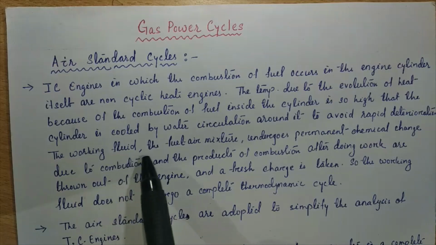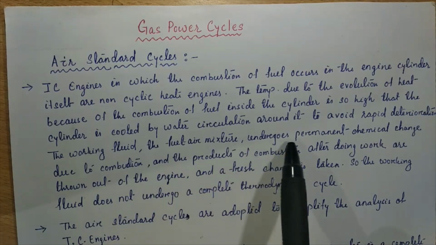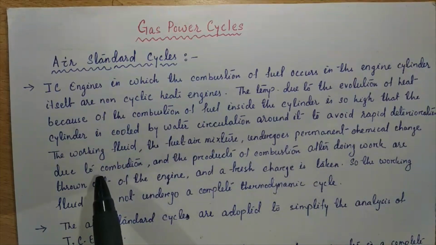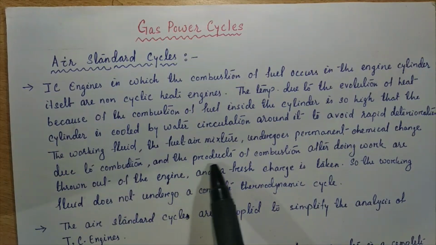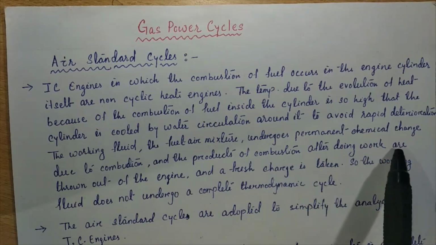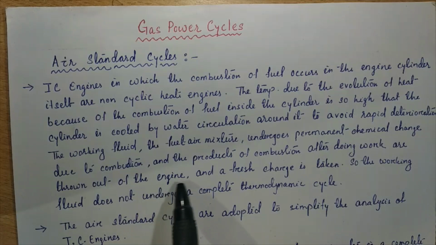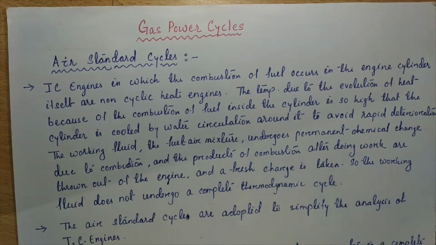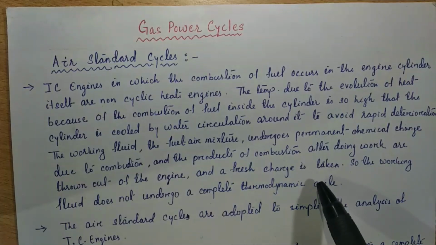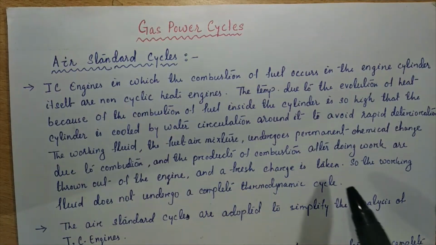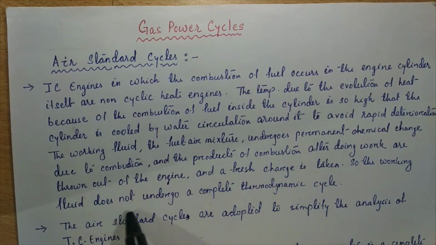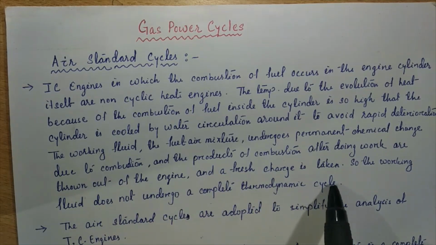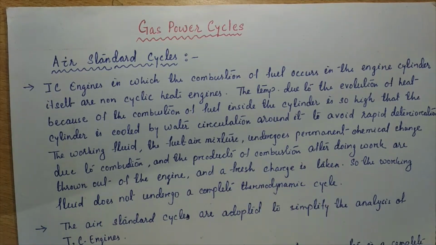The working fluid, the fuel-air mixture, undergoes a permanent chemical change due to combustion, and the products of combustion after doing work are thrown out of the engine and a fresh charge is taken. That's what I have discussed a minute before. So the working fluid does not undergo a complete thermodynamic cycle. That's why the IC engine is known as a non-cyclic heat engine.